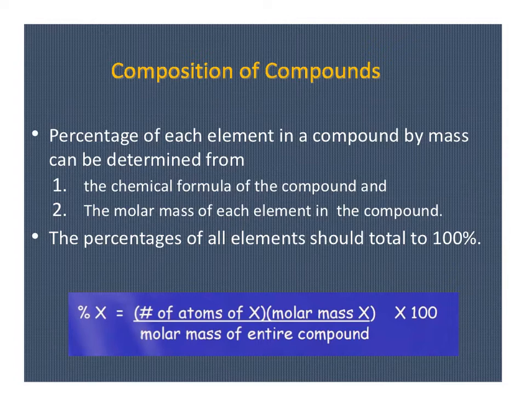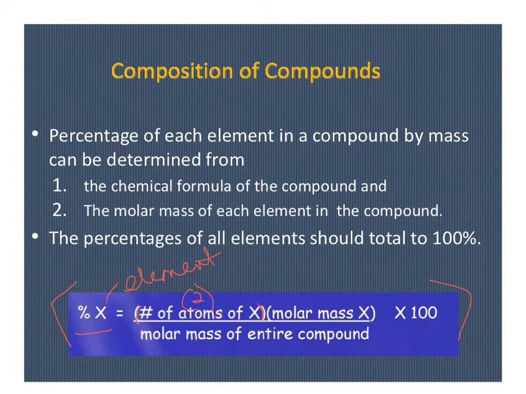All right, the formula for calculating percent composition is at the bottom here, so you want to make sure you understand and know how to use this formula. The percent of any element is the number of atoms of that element. So if there are 2 sodium in a compound, then there would be the number 2 here, for example.